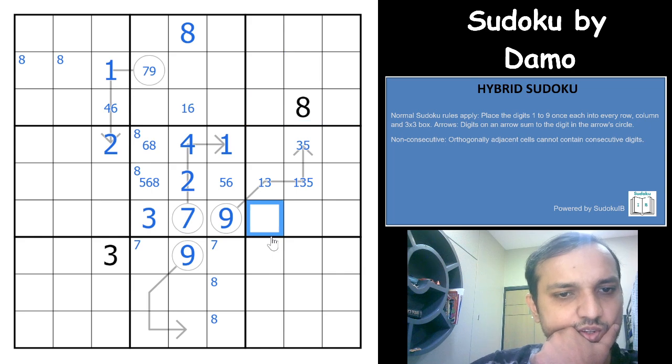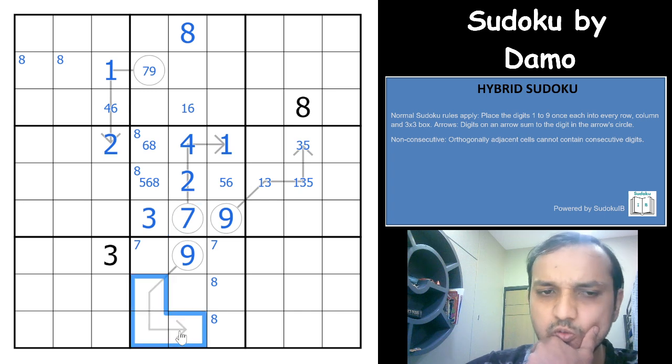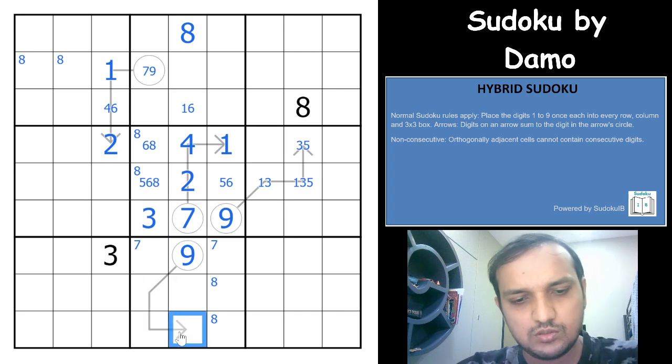Come on, what are we missing here? This is 7, 1, 2, 4. Now this can be 1, 3, 5 or 1, 2, 6, both. It is 1, 6.